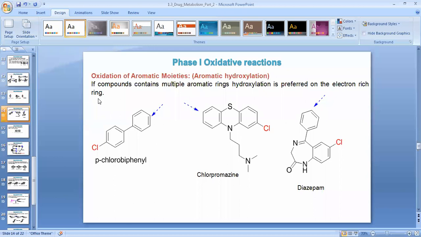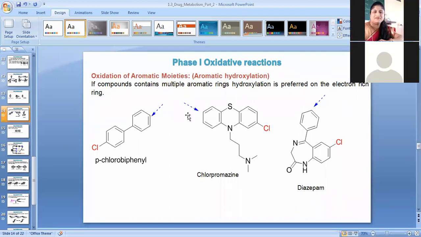See, if more than one or multiple aromatic rings are present in any drug molecule, then the metabolism of that type of drug molecule is done via what type of metabolic reaction? Which ring reacts first and goes first for the hydroxylation reaction? The ring which is preferred is the electron rich ring.